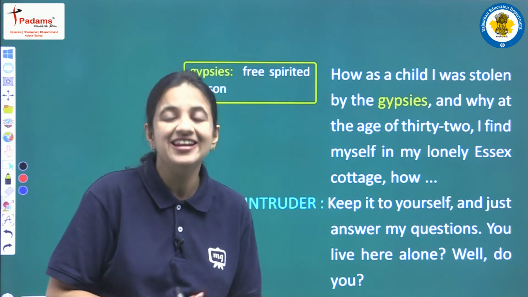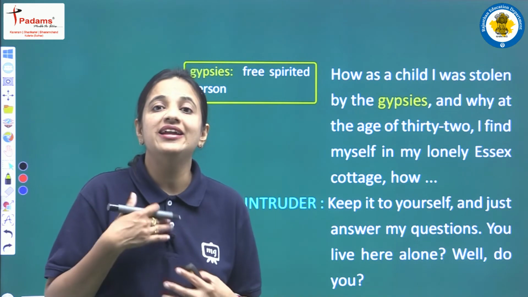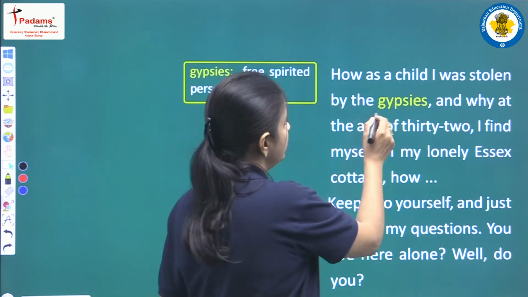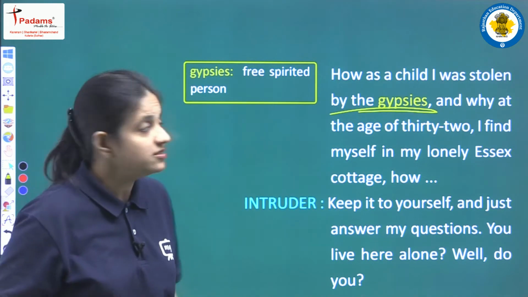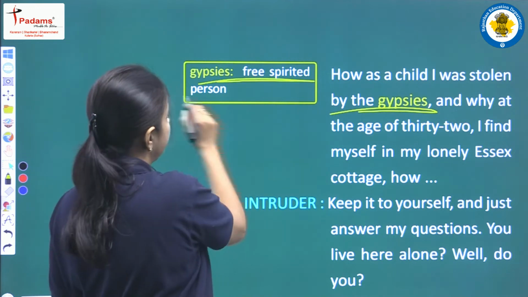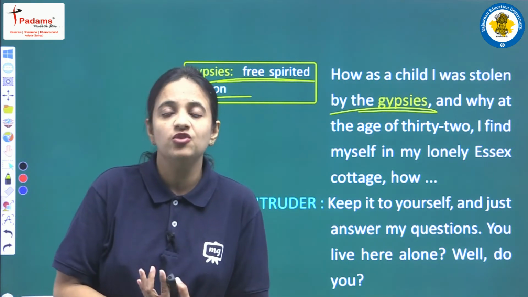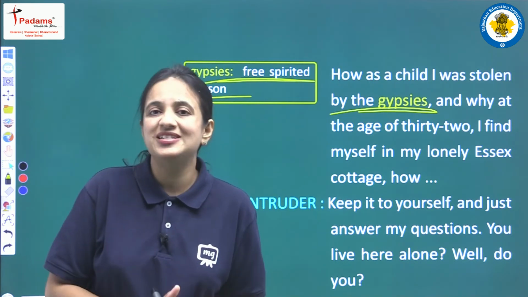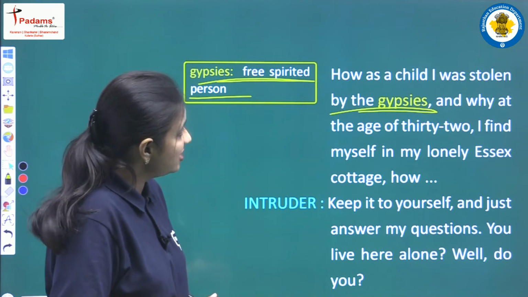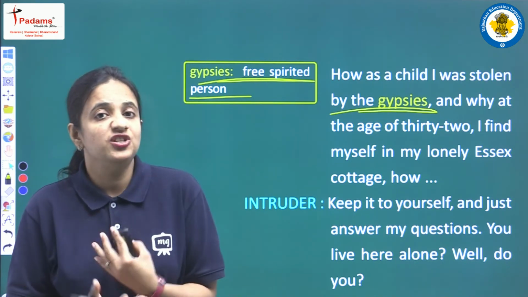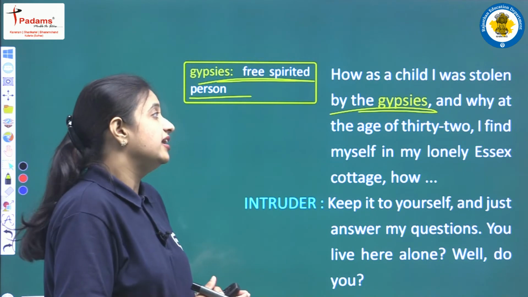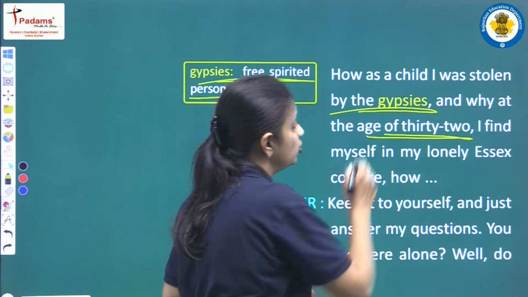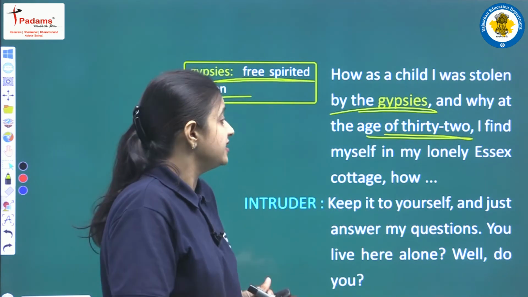So Gerald says he will tell his entire life story, how as a child he was stolen by the gypsies. What do gypsies mean? Gypsies means free-spirited people, people who do not stay in one place for a long time. So Gerald is saying that when he was a child, some gypsies stole him. Then he says he will tell why at the age of 32 he finds himself in his lonely Essex cottage.